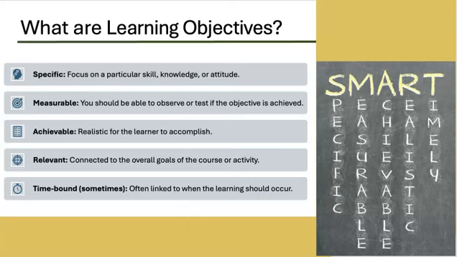Learning objectives follow the SMART guidelines, which are specific, so they focus on one particular skill. Measurable, you need to be able to observe or test if the objective has been achieved. And this particularly confuses faculty members because there are some verbs that are not measurable. Achievable, it's realistic for the learner to be able to accomplish this particular objective.